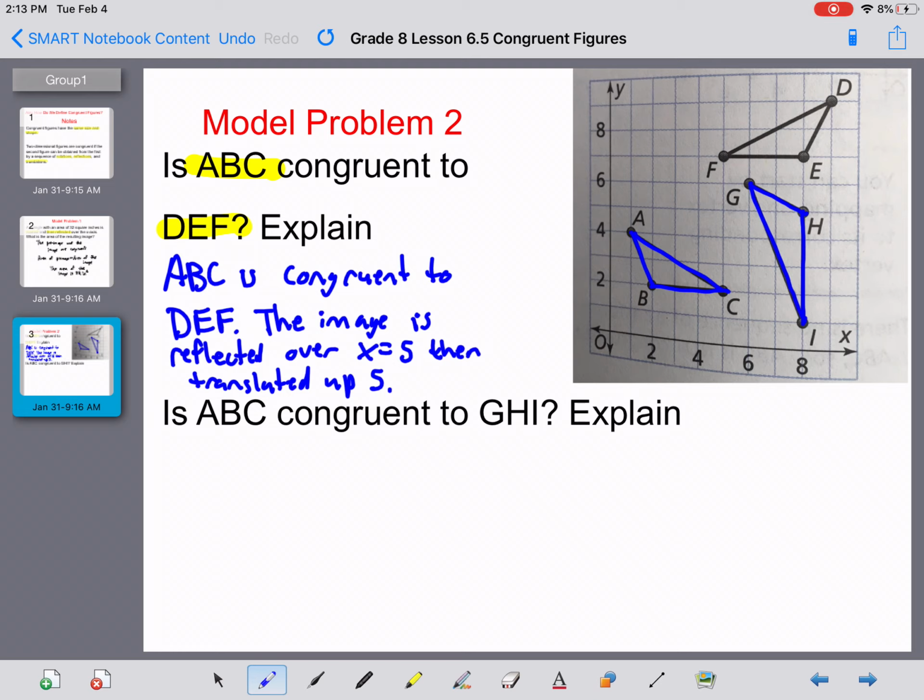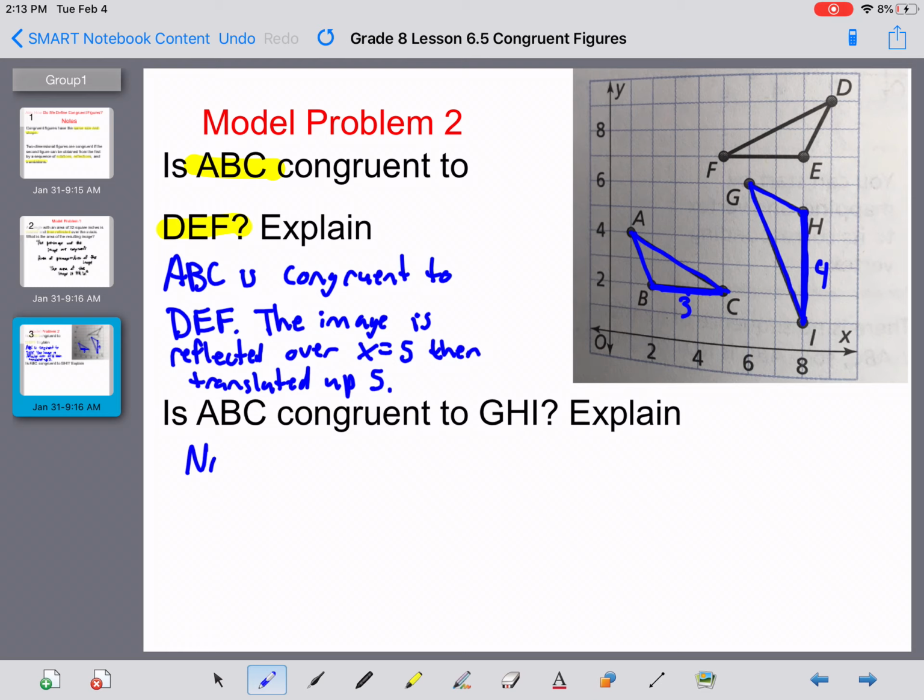You also need to check to see if everything is exactly the same. The easiest thing to check is lengths that are on your horizontal or vertical line. My distance from B to C is 3 spaces. If I look at my distance from H to I, I notice that it is 4 spaces.